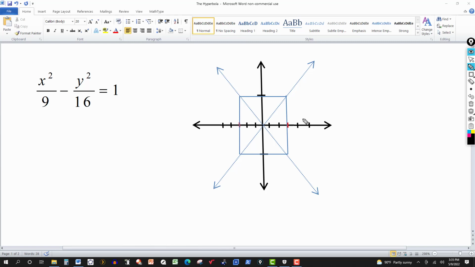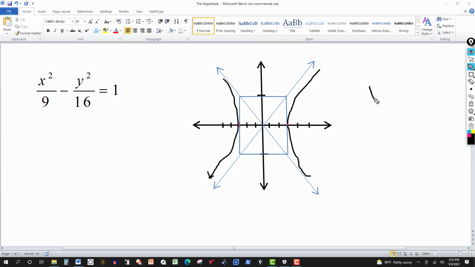One vertex here. And then the graph approaches the asymptote. And from this vertex, the graph goes up, approaches that asymptote. Same thing over here.